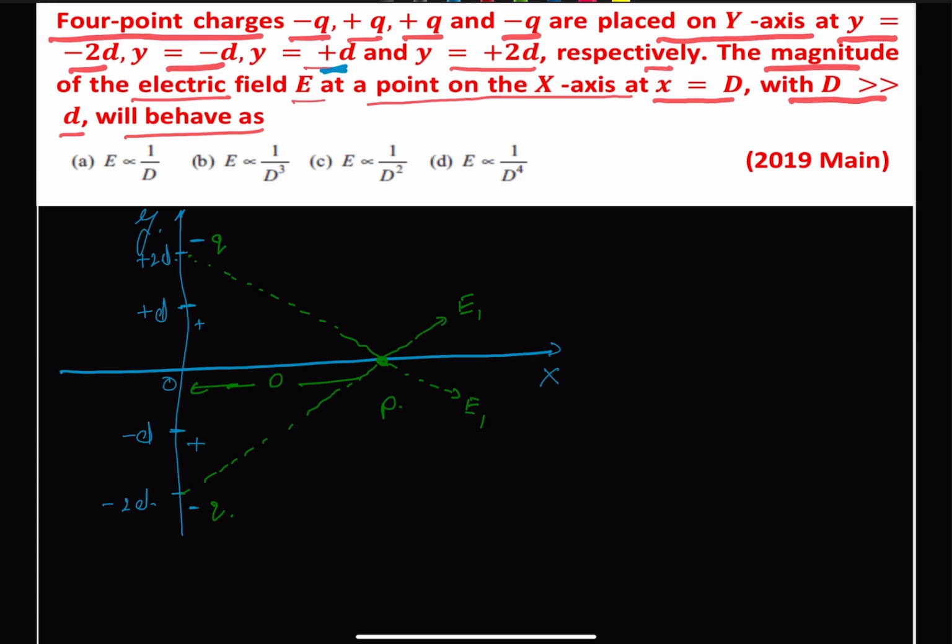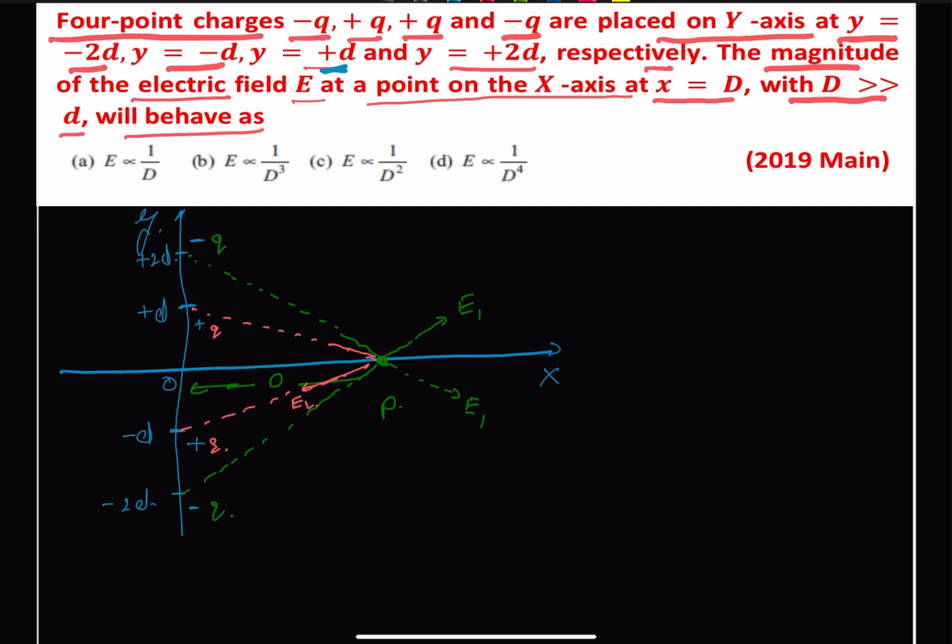Then we are having other two charges. One charge is at plus d and other charge is at minus d, and their magnitude is same, that is plus q as well as plus q. Therefore the electric field because of these will be same but opposite to that of this one. So let us call this electric field E2.